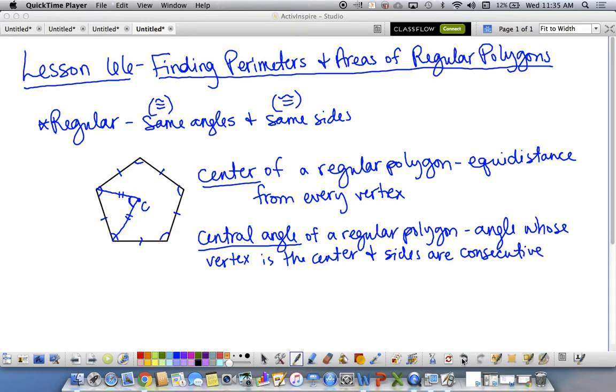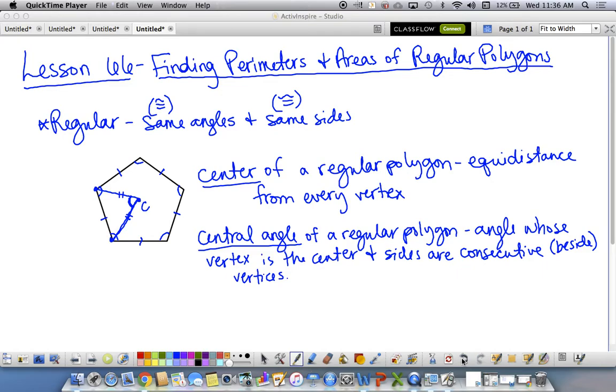That just means beside. So like we've drawn, here's consecutive vertices. So this angle right here would be a central angle.